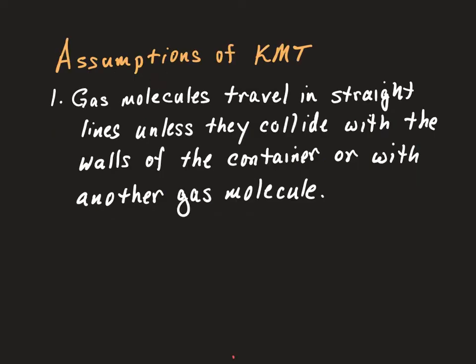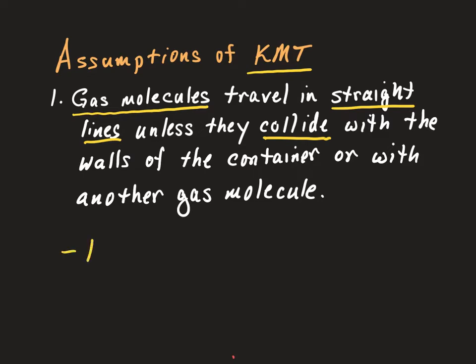So what are the assumptions that we have to make as part of this kinetic molecular theory approach? One, we're talking about individual gas molecules. They travel in straight lines unless they collide with the walls of the container or with another gas molecule.